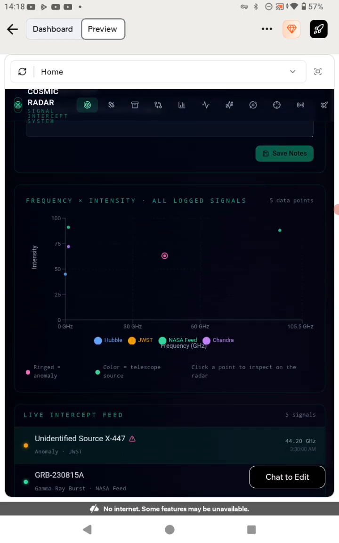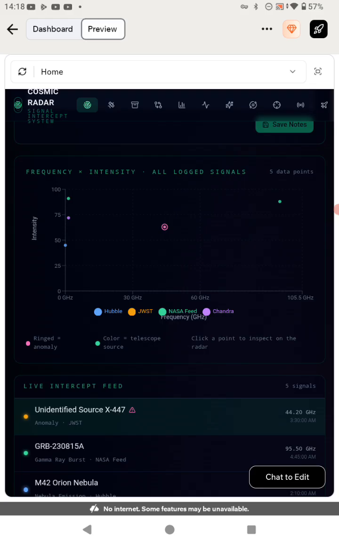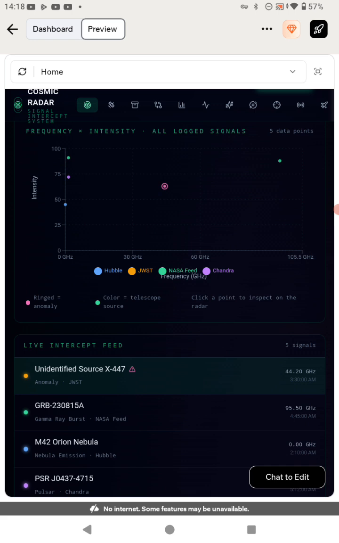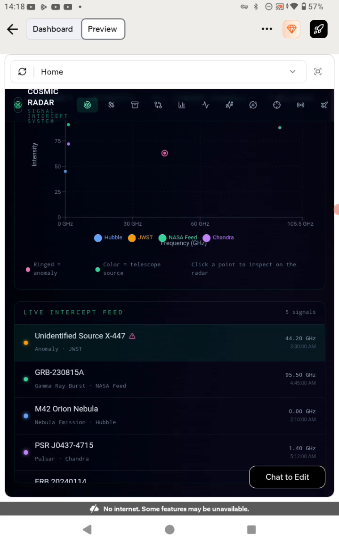Now we come back down here. We got a graph of what we're seeing. And again, it's like the unidentified X447. Then we got a GRB 230815A. Now we've got a nebula, M42 Orion Nebula.